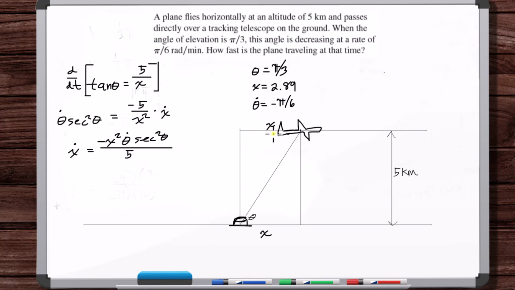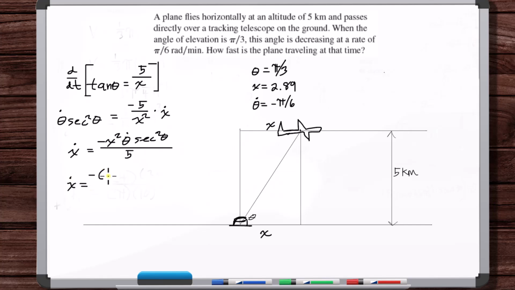Then if we have theta dot and we have theta, if we have a computer, we can calculate automatically how far ahead the plane is from the tracking telescope, horizontally. We just did that.